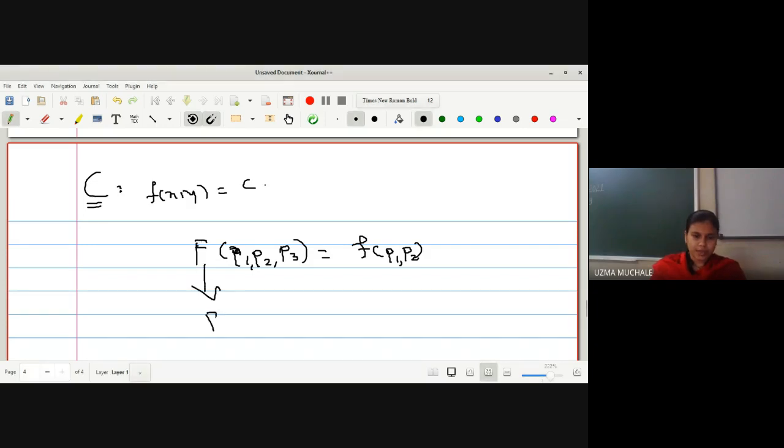So you can say F is a function defined on E3 and f is a function which is in the xy plane. So what is the change?